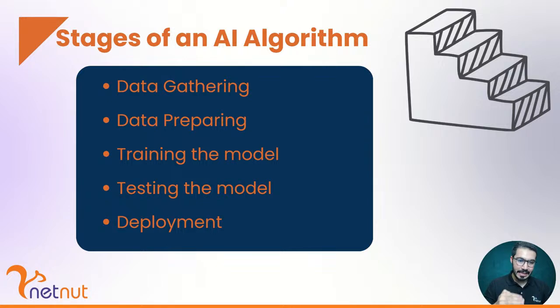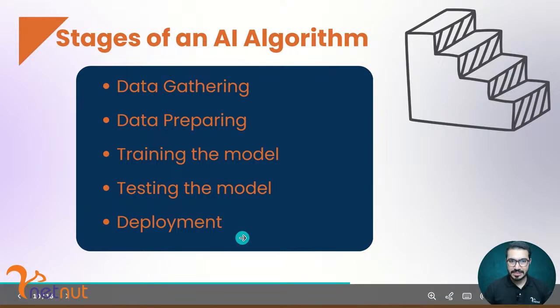So the stages in any AI algorithm: we have to gather the data, then prepare the data, train the model, and finally test the model as well. And once testing is done, we can deploy this model.